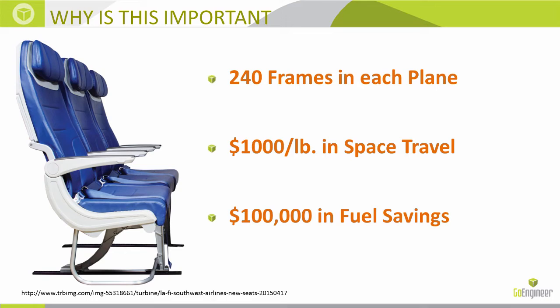Also, space travel costs about $1,000 per pound, and hence weight savings is essential for anything aerospace related, or even other industries like medical, where it is considered extremely beneficial.